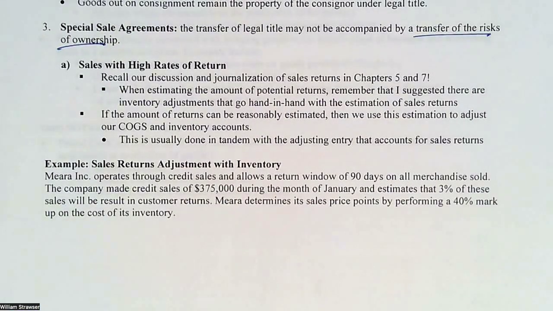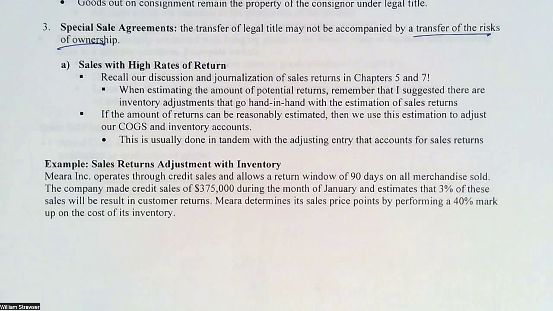A risk of ownership is my asset falls apart, right? It doesn't function. It's not what I wanted. So it gets ruined, right? Those are all potential risks of ownership. So a very common example of this is sales with rights of return.